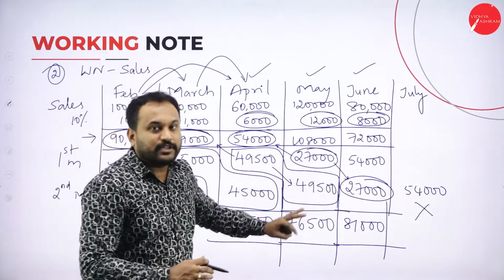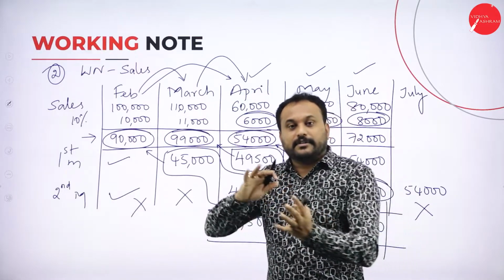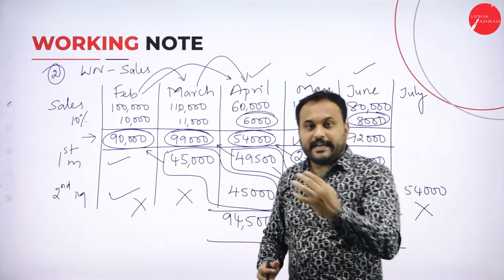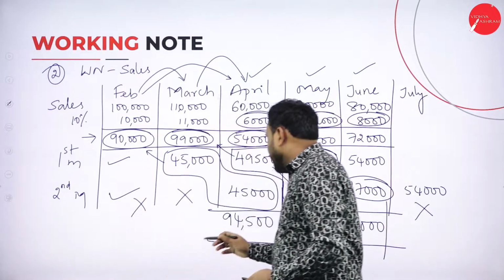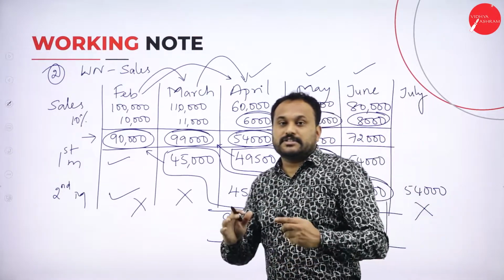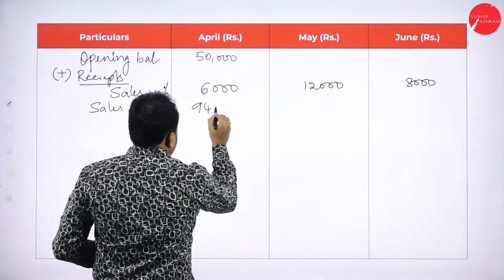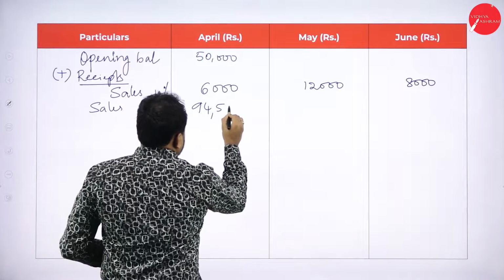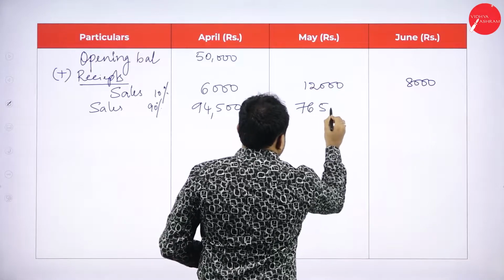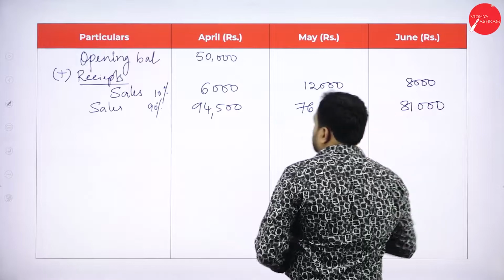So hope you got the working note of our sales of the remaining 90%, which was the credit sale, which you are supposed to take from the debtors. Now we have 94,500, then 76,500 and 81,000.